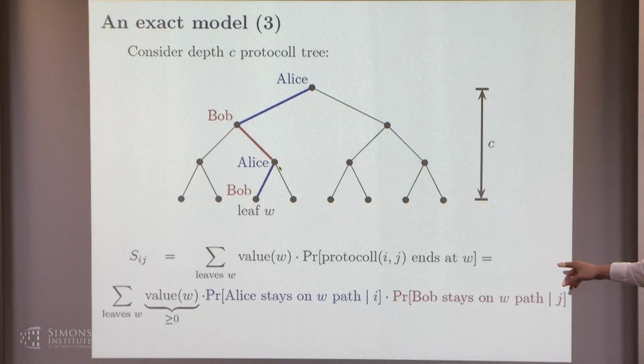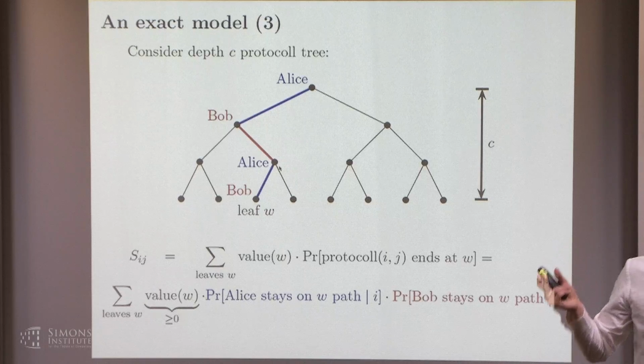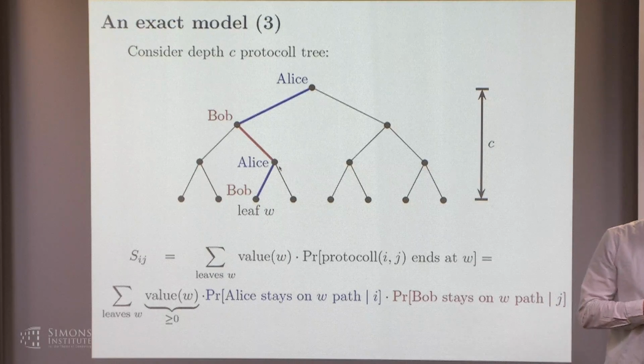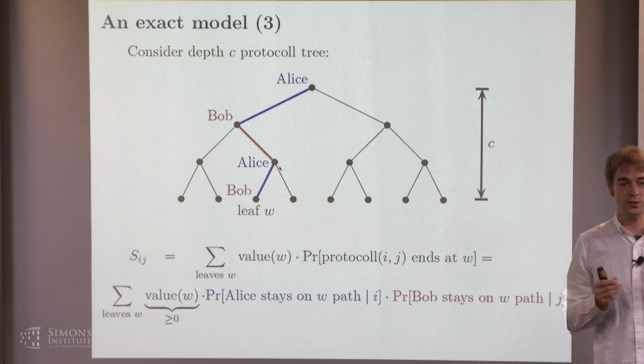Now looking at this, what you have is that you're writing an entry in this slack matrix as the sum over 2 to the c many leaves of something non-negative that depends on Alice's input times something non-negative that depends on Bob's input. And that is precisely your non-negative factorization of size 2 to the c. Questions?